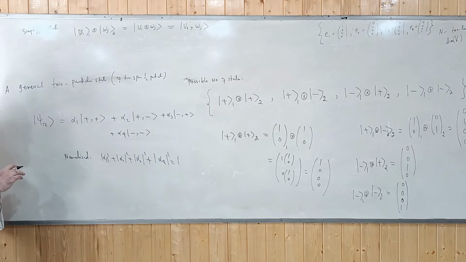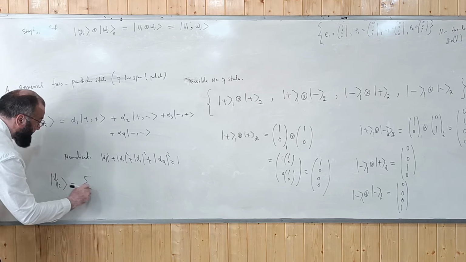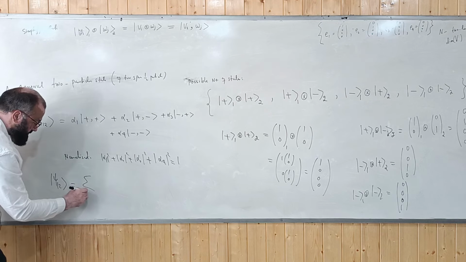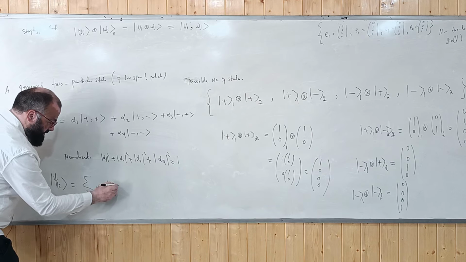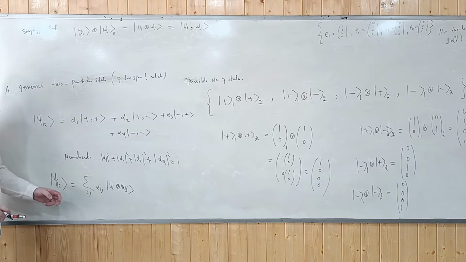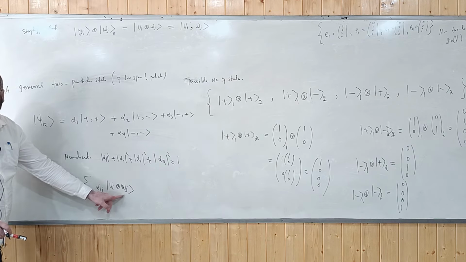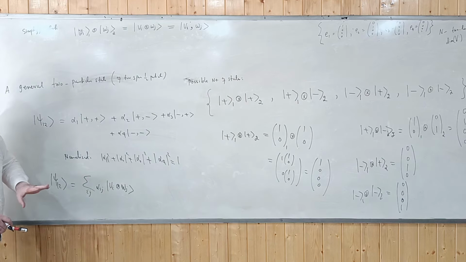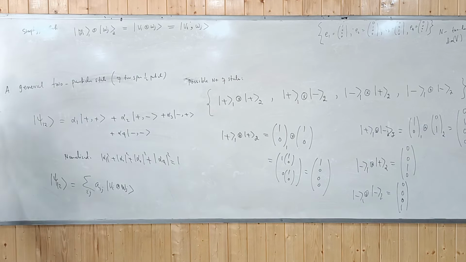So you can write this in a compact notation like this: psi 12 is equal to the summation over ij of alpha ij, Vi, Wj, where i is plus or minus and j is plus or minus, so that it will be V plus or minus, W plus or minus. Got it? Okay, so because I used alpha here, I will put a here. Clear? Got it? Everybody?